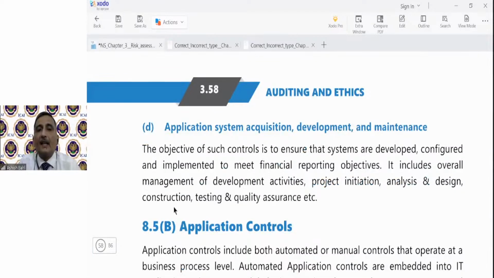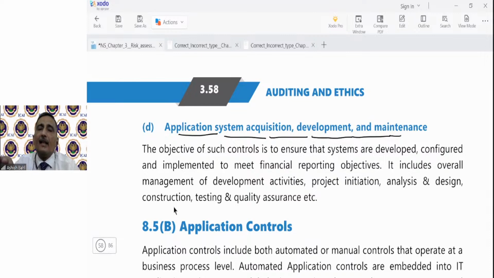And another category of general IT control, students, is application system acquisition, development, and maintenance controls. A fourth category within the general IT controls. What does this mean?